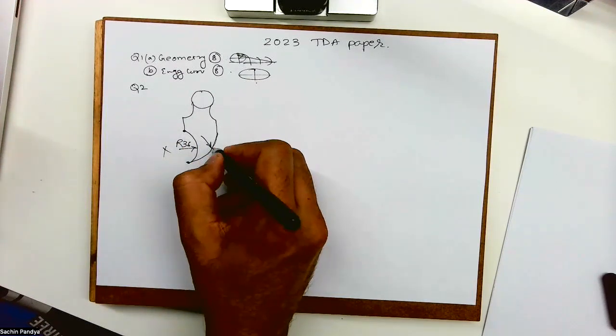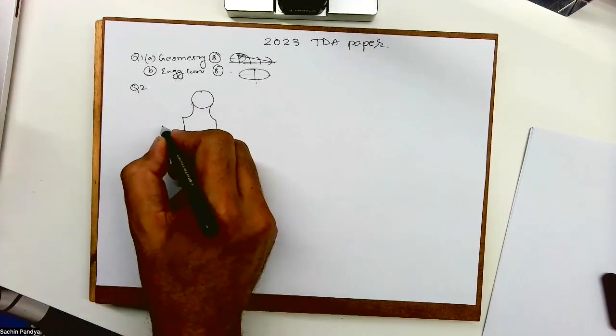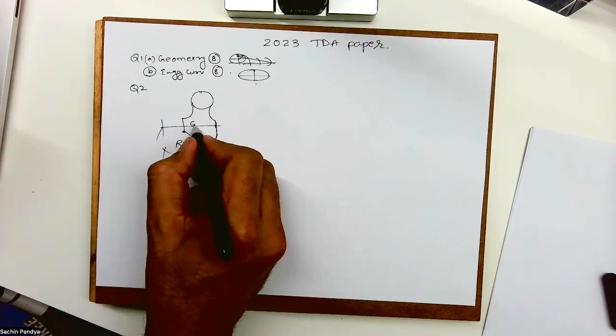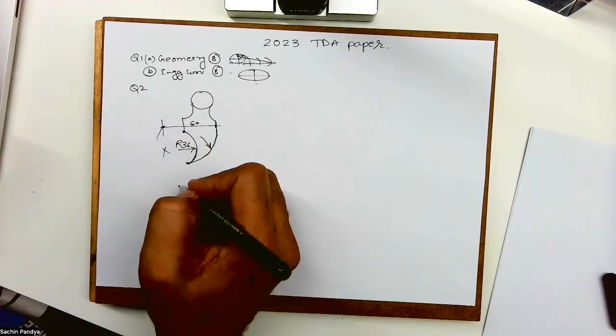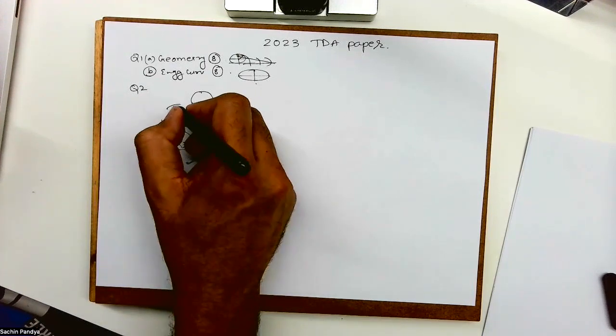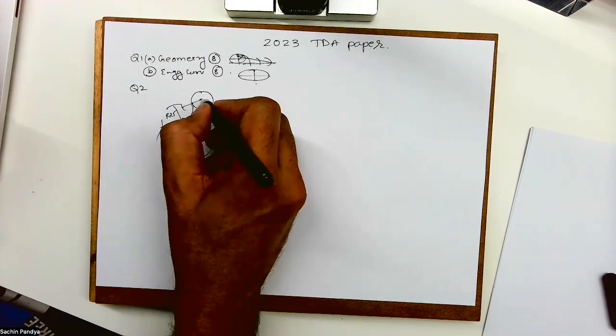60, which is touching at this point. So from here you cut 60, and from here you draw parallel line. So then you can draw this arc. This 25, so from here you cut 25, and from this point you cut 15 plus 25.